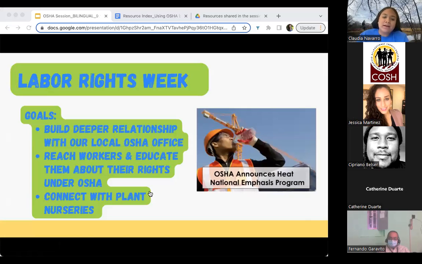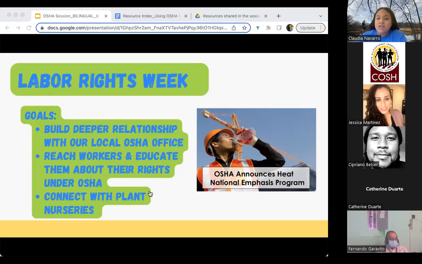A little bit of background context: we all know OSHA announced their heat national emphasis program in April of 2020, and we got connected to our local regional office, which covers a very, very wide area.